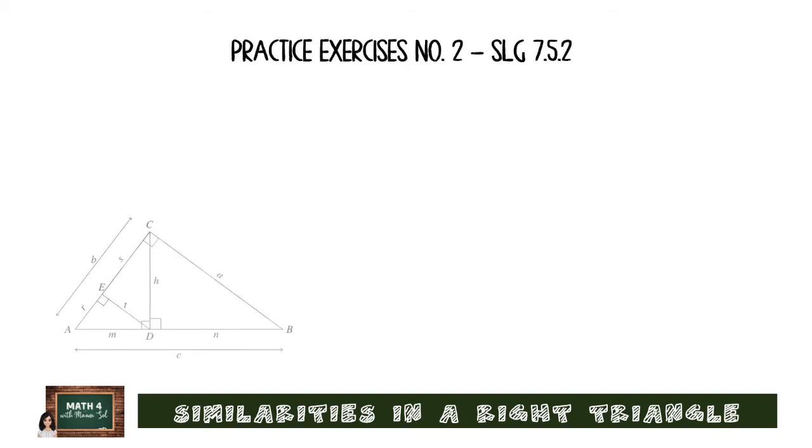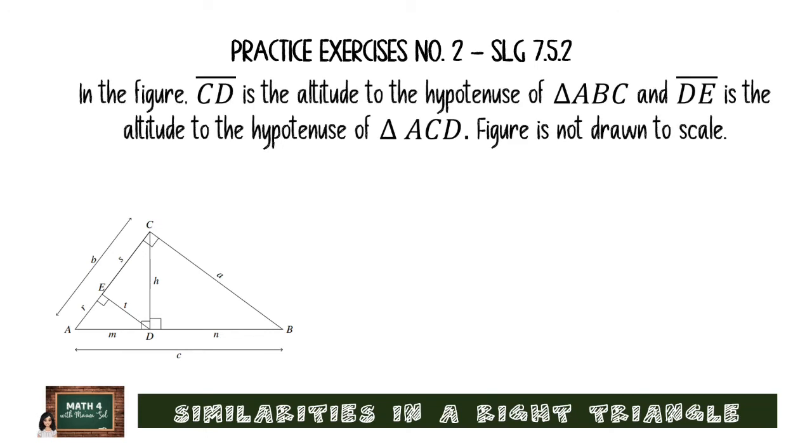The problem reads, in the figure, segment CD is the altitude to the hypotenuse of triangle ABC, and segment DE is the altitude to the hypotenuse of triangle ACD. The figure is not drawn to scale.